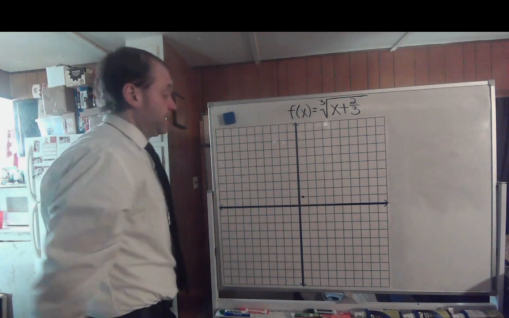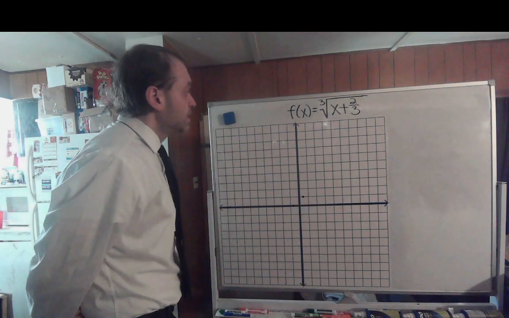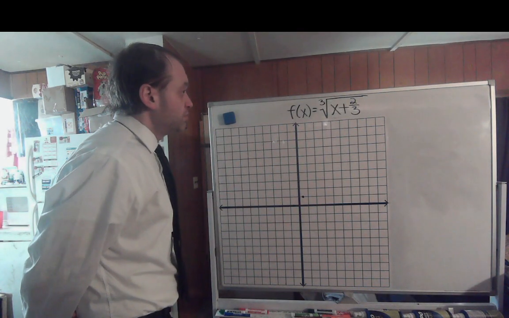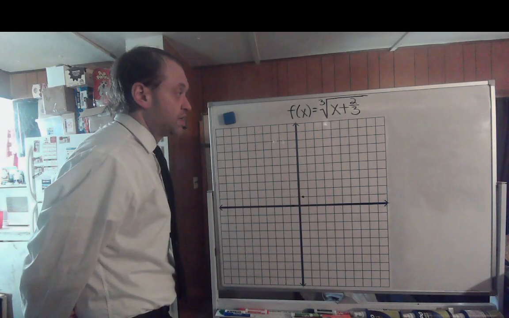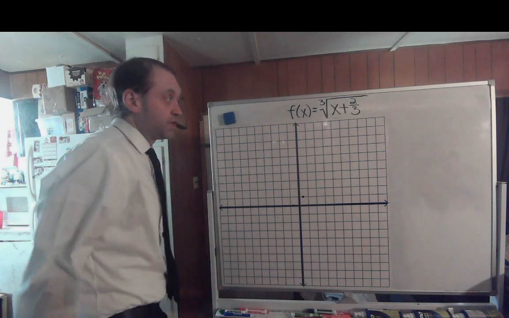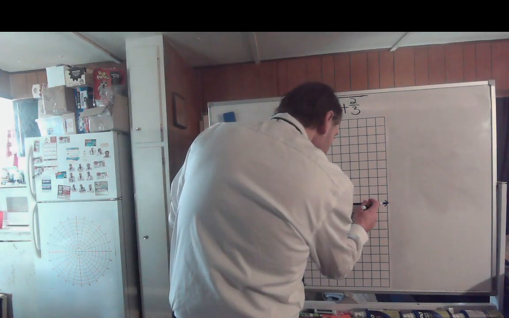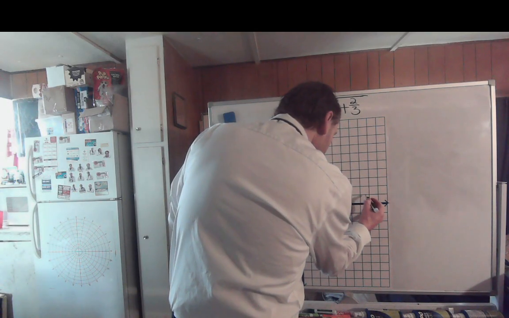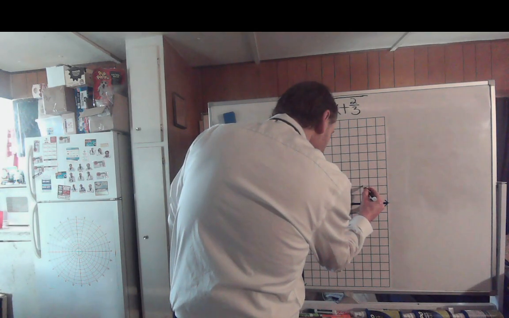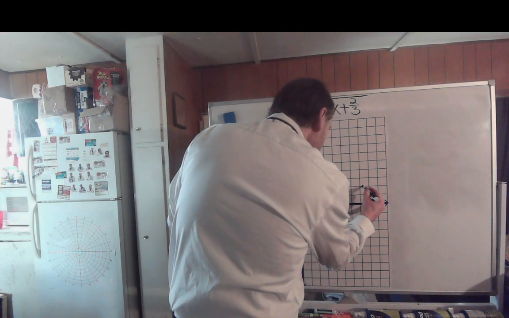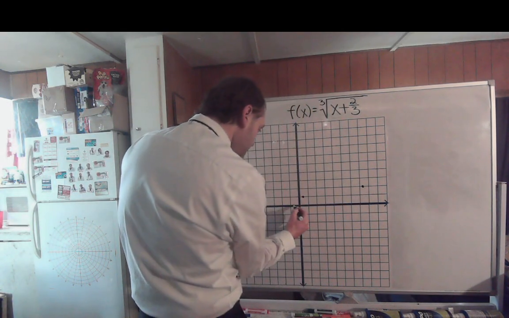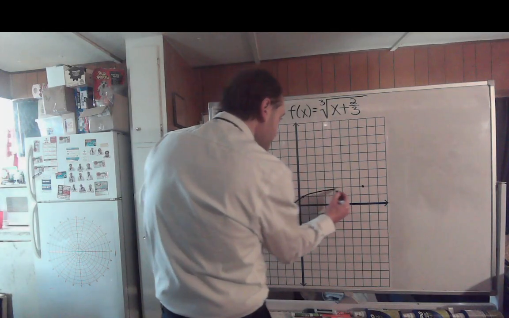Now let's see. 7 1/3 would be 22/3. So it's 7 1/3 plus 2/3, that's 8. Cube root of 8 is 2. So at 7 1/3, you'll be all the way at a y value of 2.